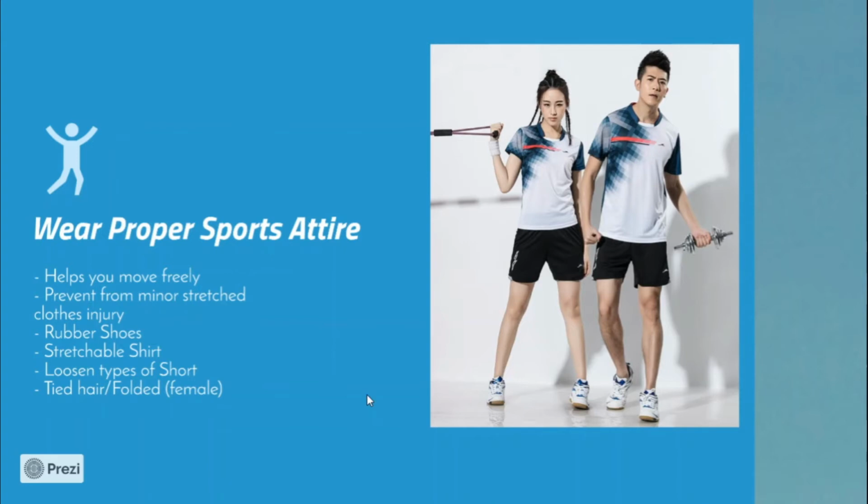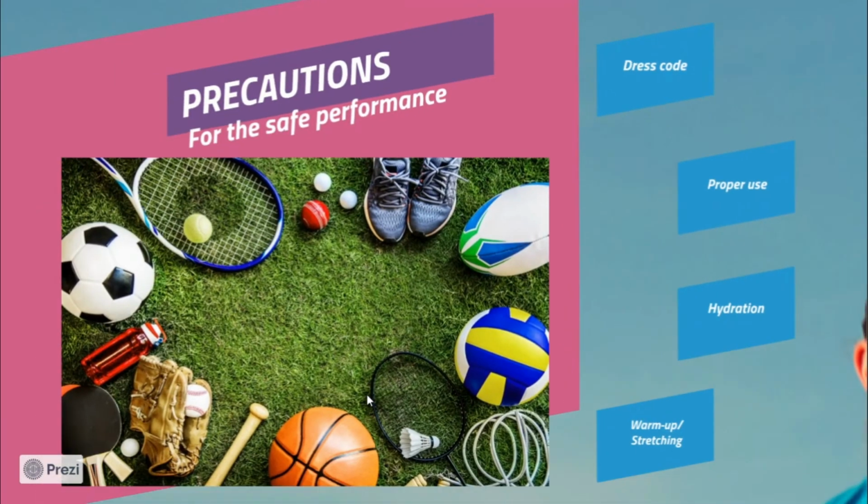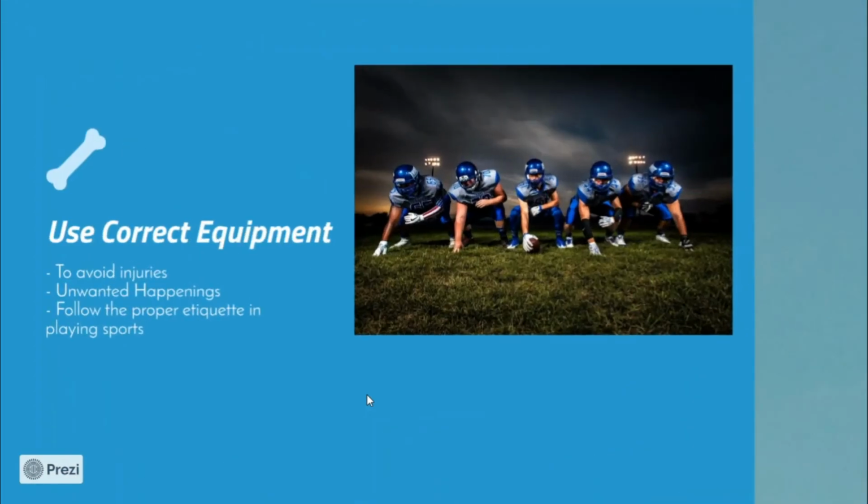So by applying these steps on how to wear proper sports attire, what will be the use of it? Of course, the proper use of sports attire will, first, avoid injuries, second, avoid unwanted happenings, and third, follow the proper etiquette in playing sports. When you play sports, there is a requirement before you enter the court.